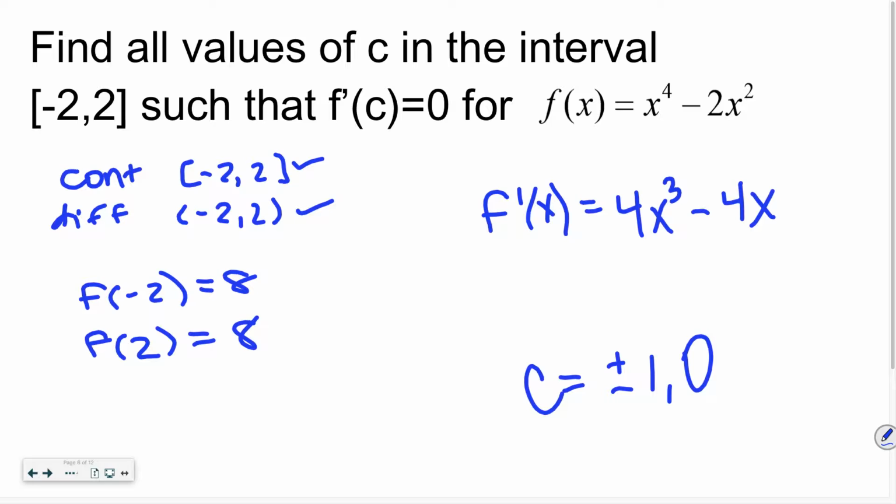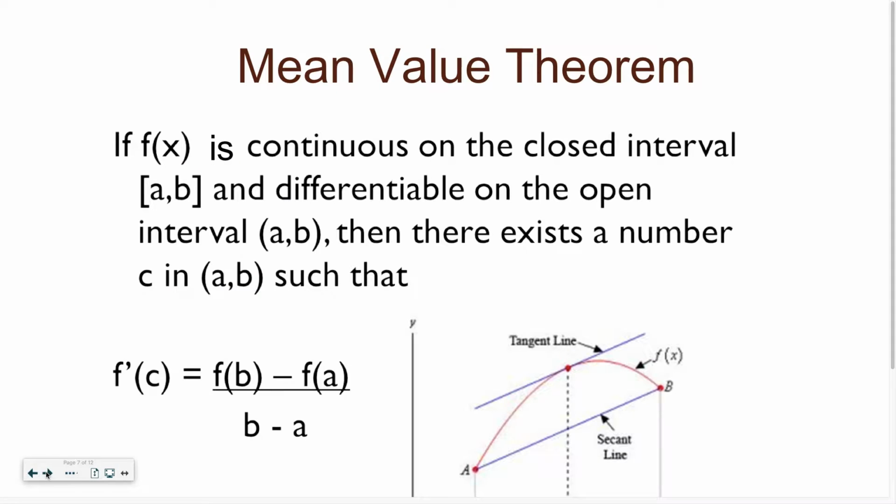Awesome. Okay. So now let's talk about that MVT that I have written up there, the mean value theorem. And this is probably the one that you are going to see most often, but there are a lot of similarities. It's actually, Rolle's theorem is kind of a special mean value theorem.